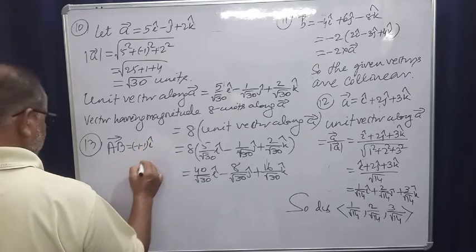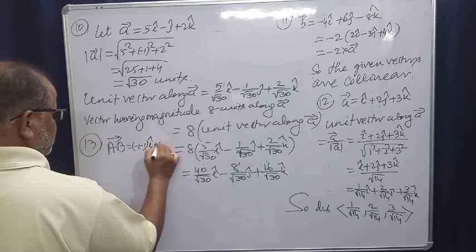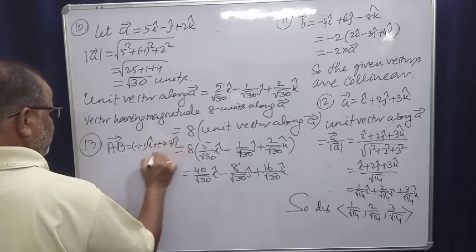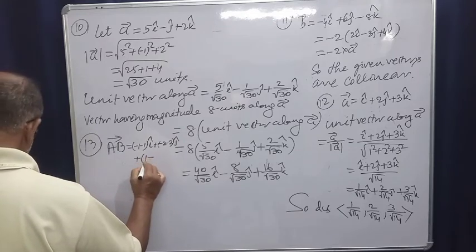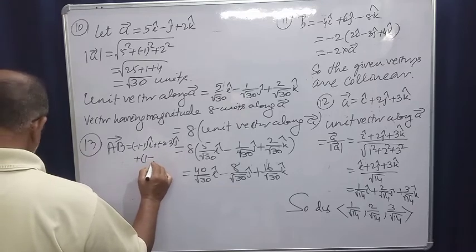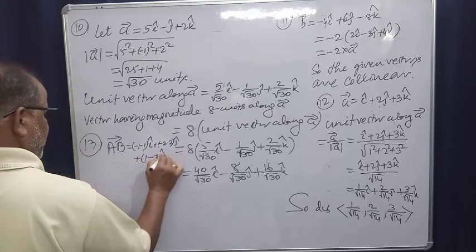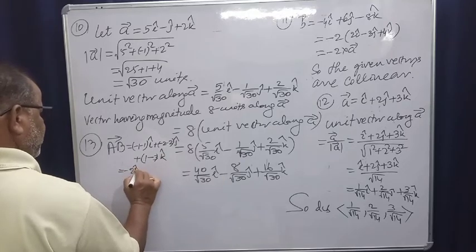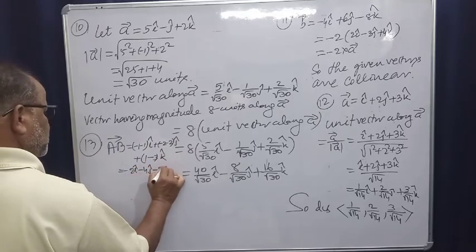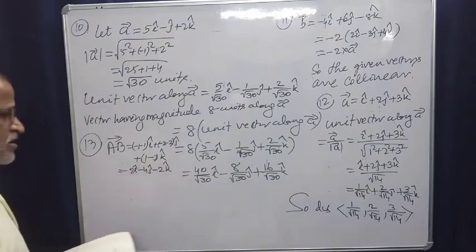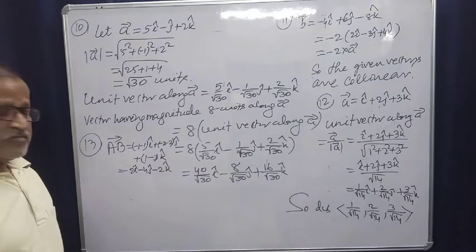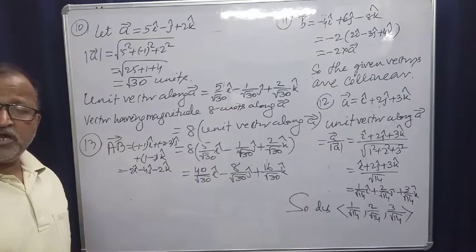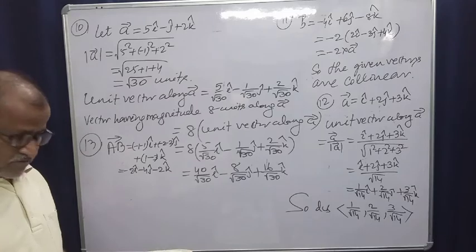Then minus 2 plus minus 2 j cap plus 1 minus 3 k cap. So this is minus 2 i cap minus 4 j cap minus 2 k cap. This is the AB vector. Then find its direction cosines, like that. Yes, the scalar components of the unit vector, right?